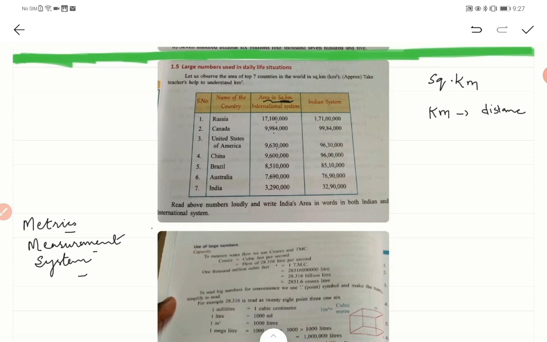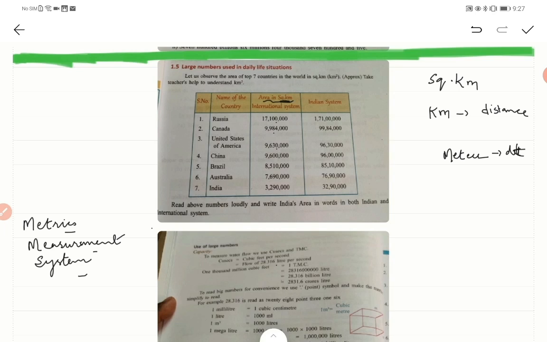Today we are going to study metric measurements. The basic metric measurements are meters, which are used to measure distance.